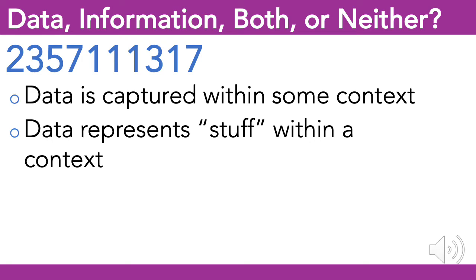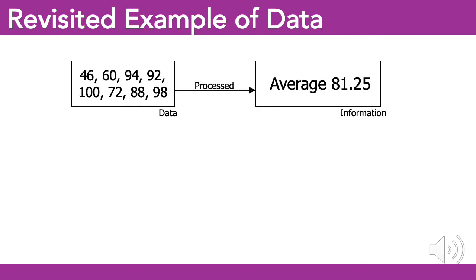What I mean by that is, we just went through 4 possibilities of what this number could possibly mean through different contexts, right? What that number, what that data represents, changes. When we return to our example data from lesson 1, we had the string of numbers, we processed it, and aha, we have information of the average.